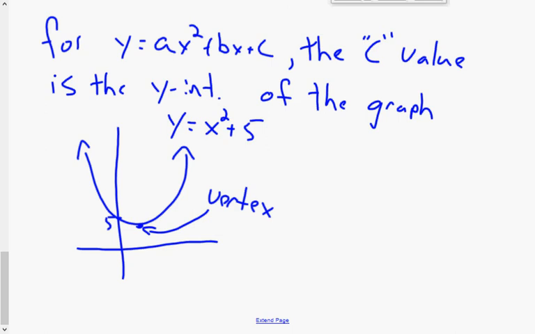Or if my graph was to have done this, my vertex is my highest point, or my maximum value. If it was y equals negative x squared, it should be the other way. Top would be at 5. If there's a negative there, we would do that. So these min and max things, we'll do a bit of that here.